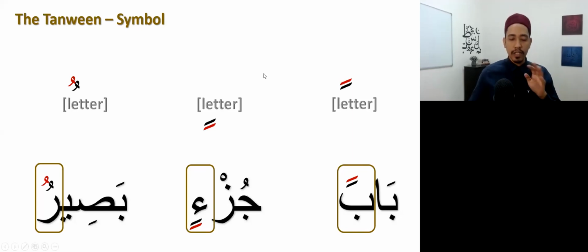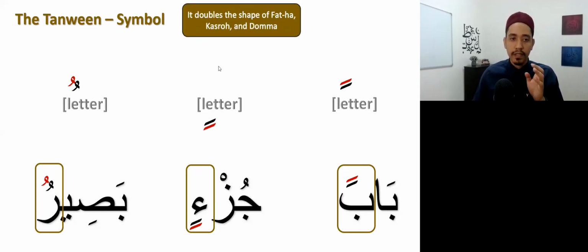Okay, excellent. So let's draw a conclusion then. Perfect. The shape doesn't change, it just doubles the harakat. With those two answers, let's draw the conclusion. The first thing is that it doubles the shape of the fatha, kasra, and dhamma. So it doesn't apply to the mad, it doesn't apply to any other concept.